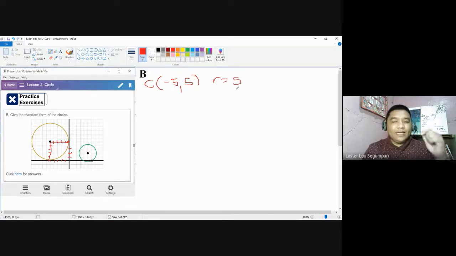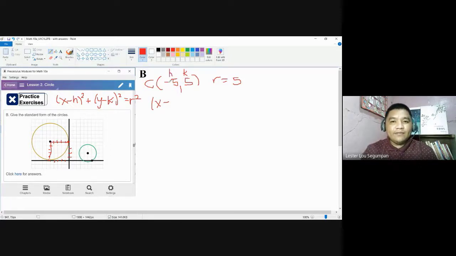Now that we have its center and radius, let's draw the standard form. Take note that the standard form is written as the square of x minus h, plus the square of y minus k, equal to r squared. By substituting, do not forget that this is h and this is k.